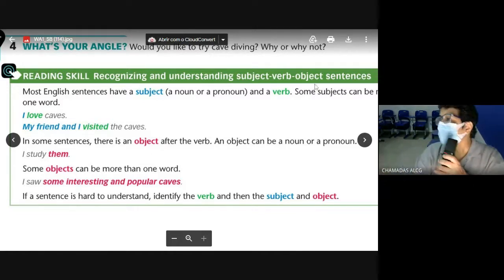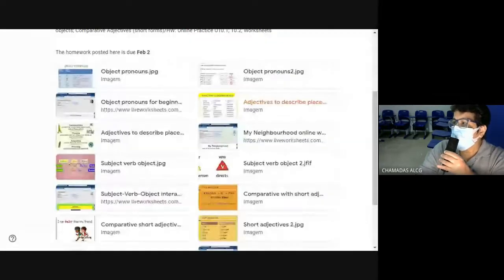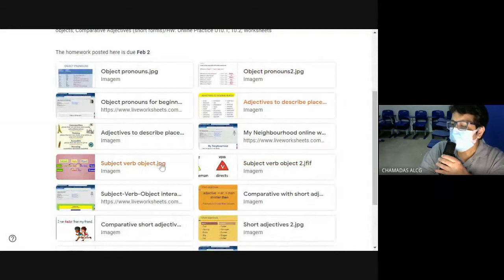Okay, people? So here on Google Classroom, I put an explanation for you about subject, verb, and object. Okay, there are two files there. You can check, and there is also a worksheet.